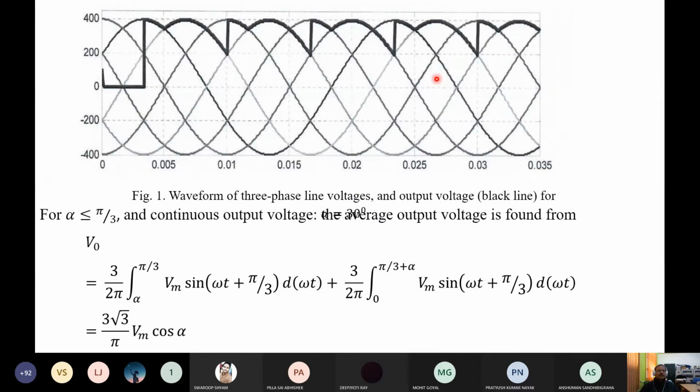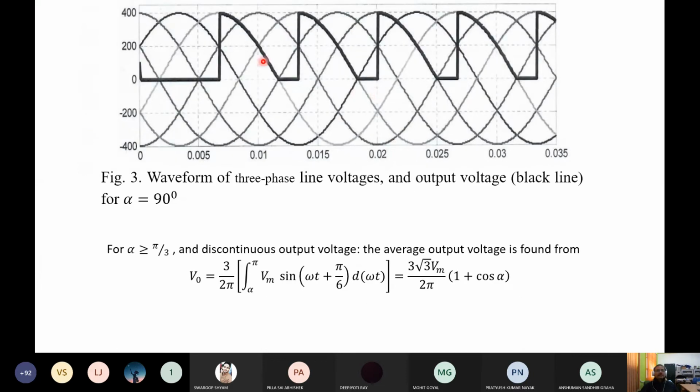In case of half, but here there are 1, 2, 3, 4, 5, 6 pulses. But here only, you tell me, this is AB and this is AC, right? Now, if you trigger the thyristor S1 here, which line voltage is maximum positive here? This is AB, this is AC.